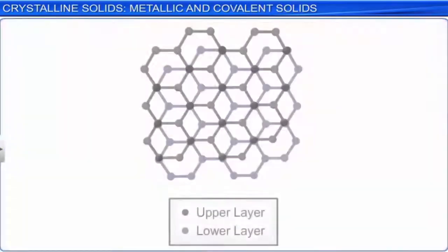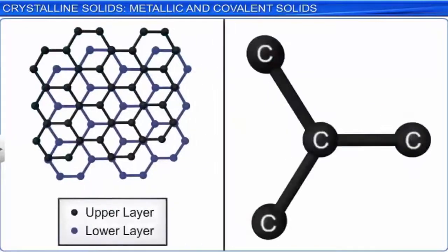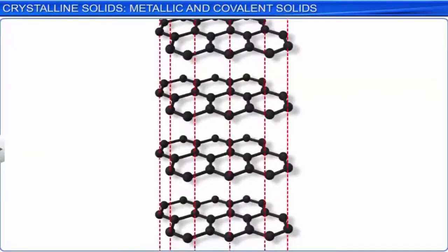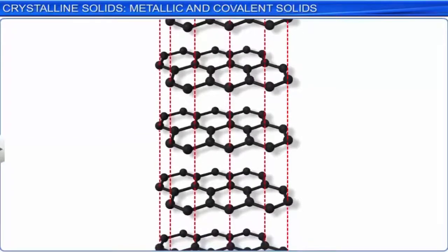In graphite, each carbon atom is bonded to 3 other carbon atoms, resulting in hexagonal rings, which, when repeated throughout a plane, form sheets or layers. In its layered structure, the layers of hexagonal rings are arranged parallel to each other, as shown here.